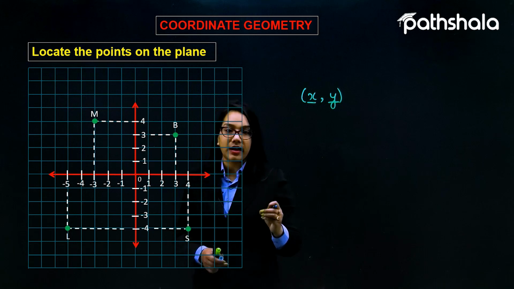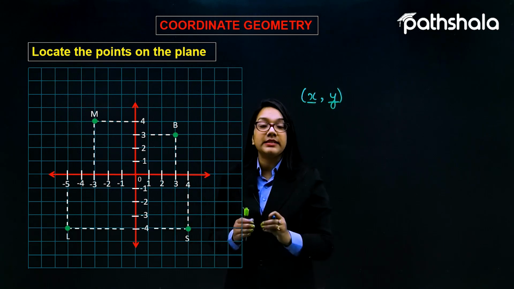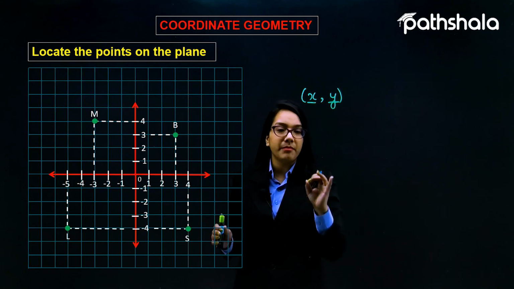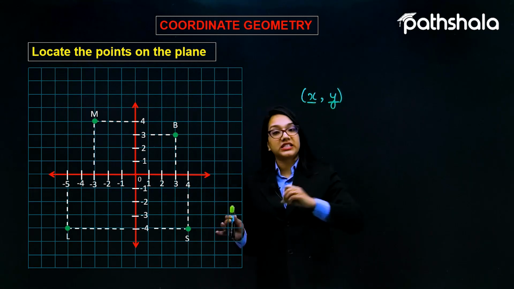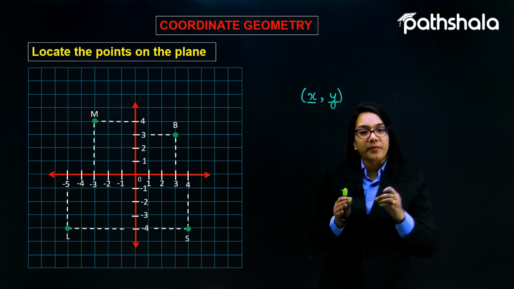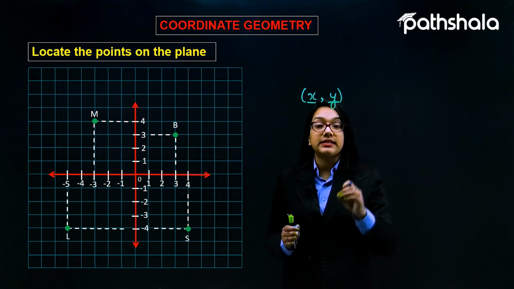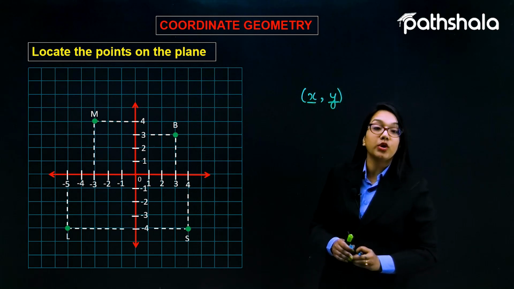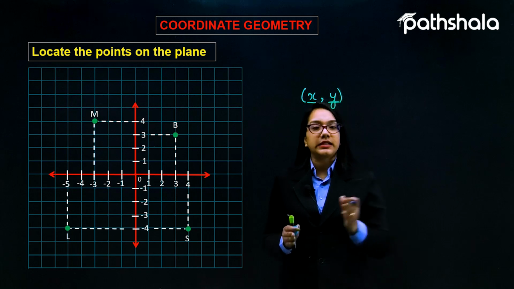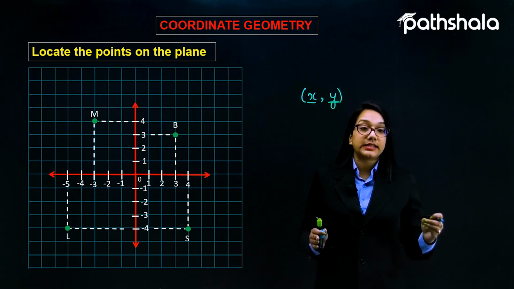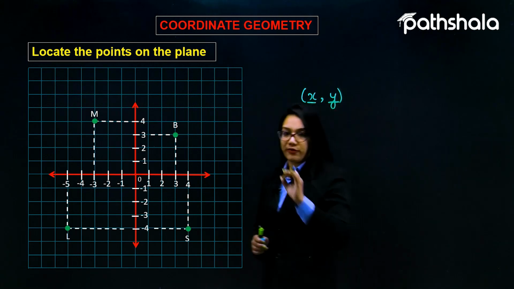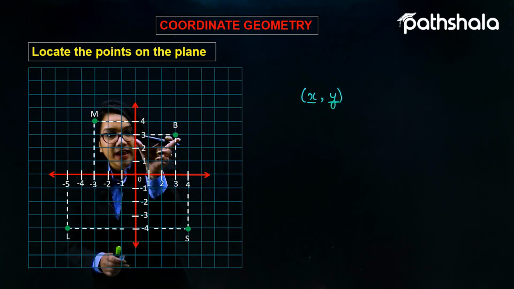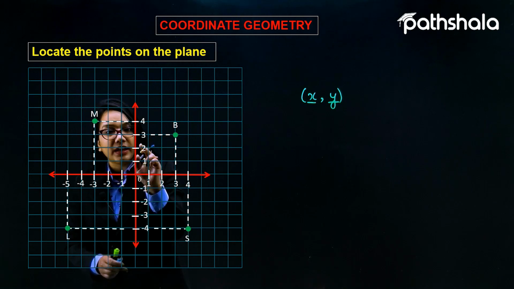So what is abscissa? Abscissa means the distance of the point from the y-axis. Always remember, whenever we are talking about the distance from the x-axis or the distance from the y-axis, that distance is always a perpendicular distance. For instance, if I'm talking about the distance of this point B from the y-axis, then this is a perpendicular distance.